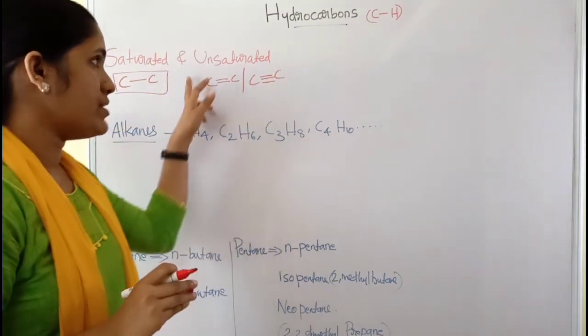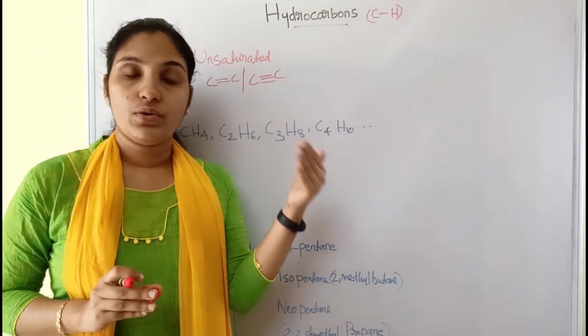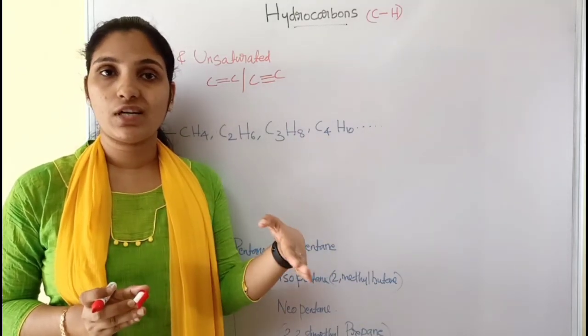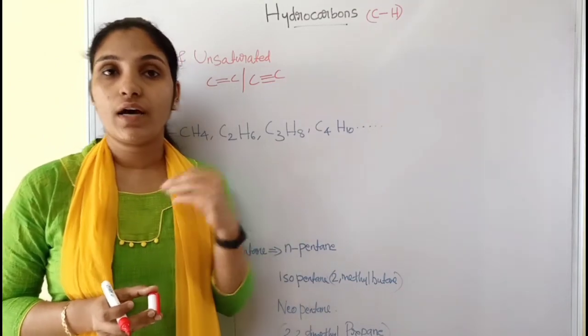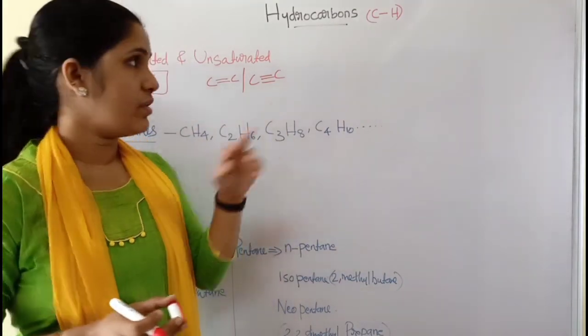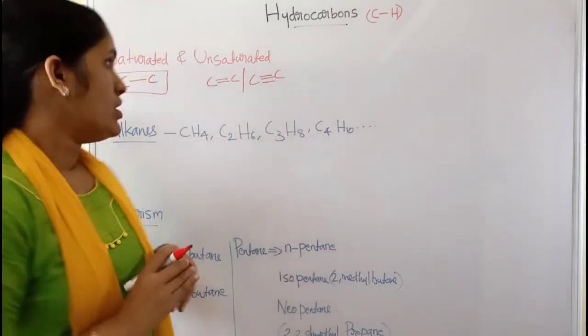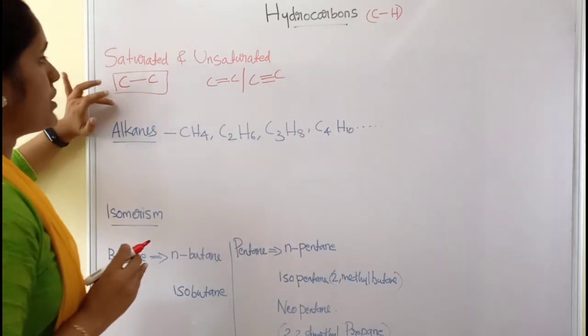So if a carbon-carbon single bond is present in a hydrocarbon, it is said to be saturated. And if it contains either a double bond or a triple bond, it is known as an unsaturated hydrocarbon.